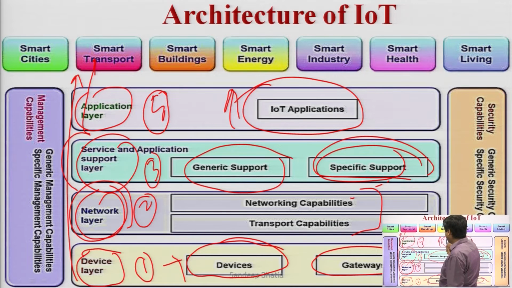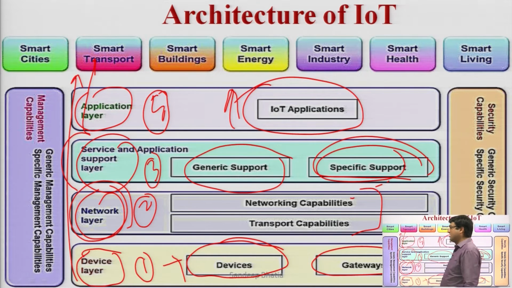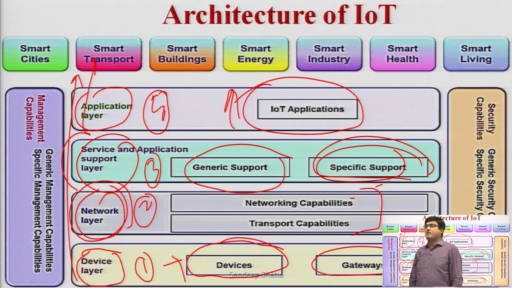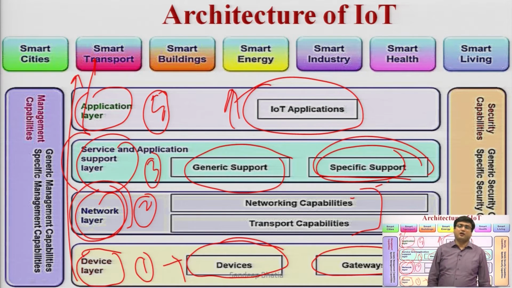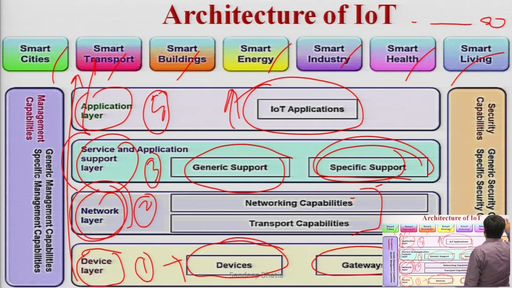We are deploying IoT in a large number of applications like smartphones, smart buildings, smart telemetry, smart homes, smart bridges, smart railways, smart shoes, smart umbrella, smart agriculture, smart irrigation, smart health, many applications. Here you can see smart cities, smart transport, smart buildings, smart energy, smart industry, smart health, smart living, and many more, infinite device applications.